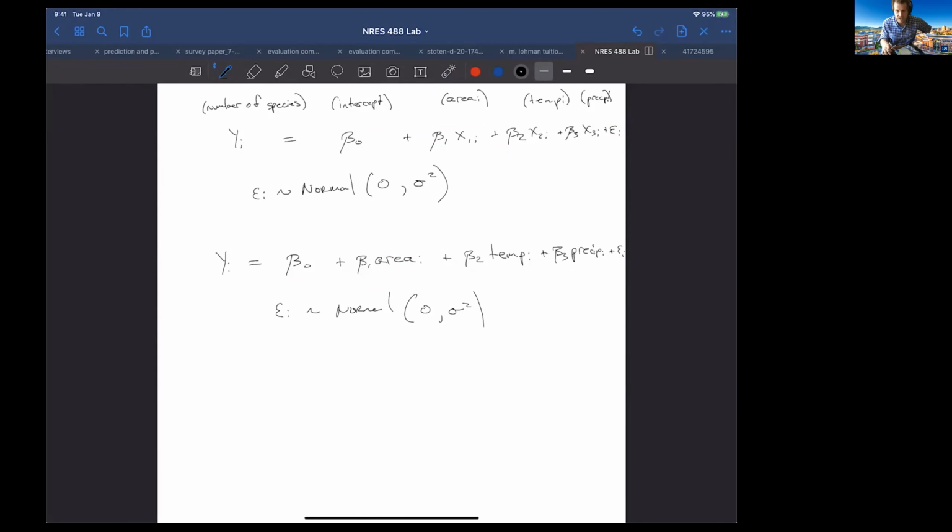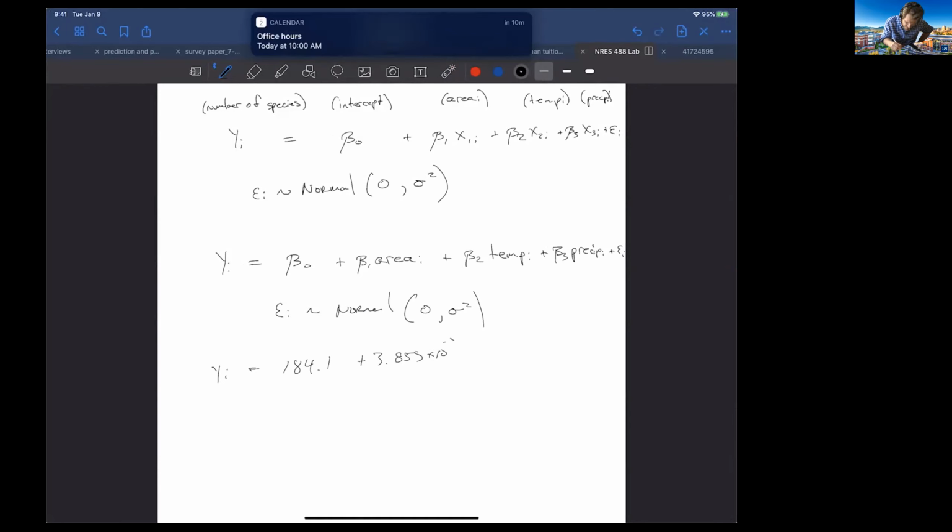Okay, and the fitted model statement. This is the general model statement. The fitted model statement, let's see, I have 1 minute. yi equals our intercept 184.1 plus 3.855 times 10 to the negative fifth times temp plus beta 2, which is 4.095 times precip, plus, going down to the next line, plus negative 2.45 times temp, I forgot area.